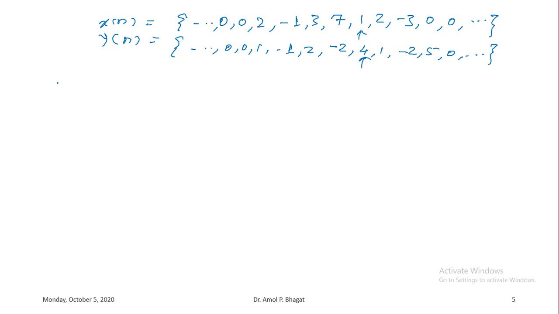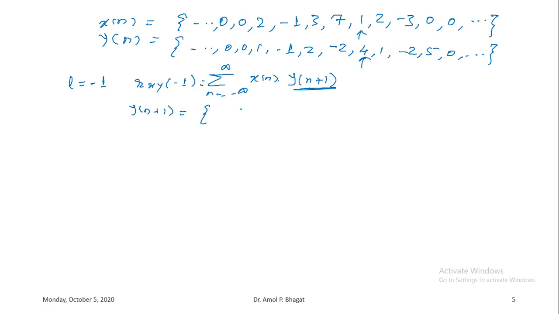So again you have to identify it for L equals minus 1. The formula that you will get is rxy of minus 1 equals summation n equals minus infinity to infinity of x of n into y of n plus 1. Okay, so you are advancing the y of n here. So what will be the value of y of n plus 1?